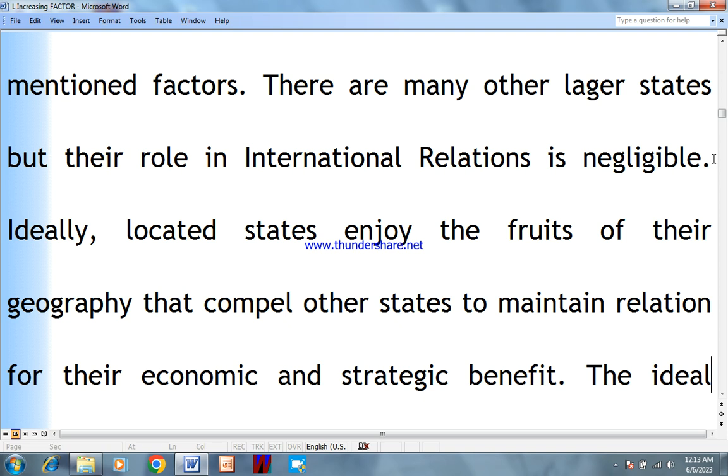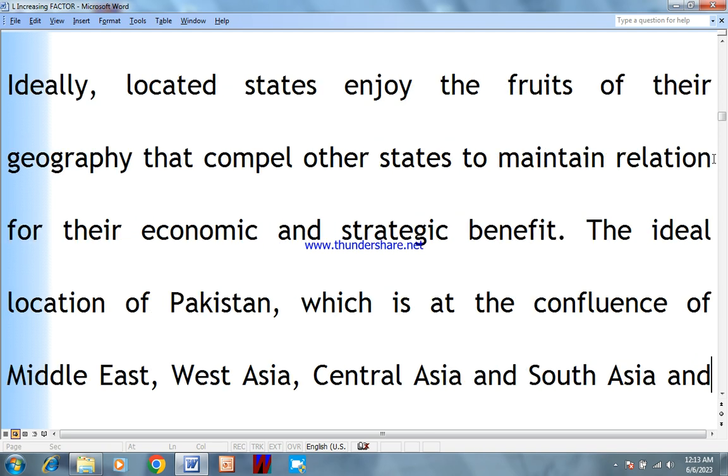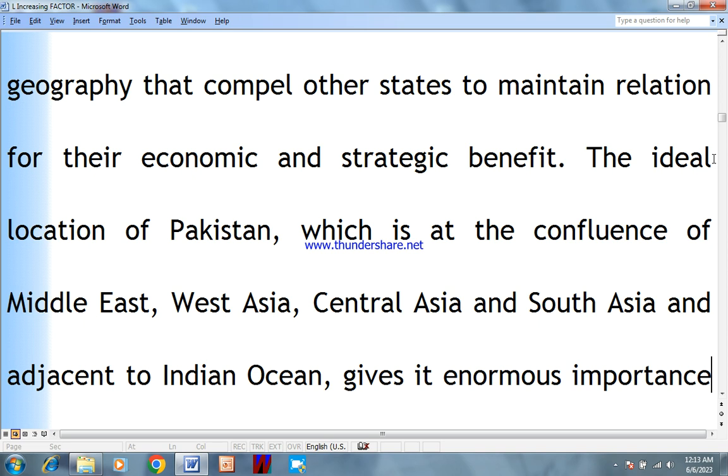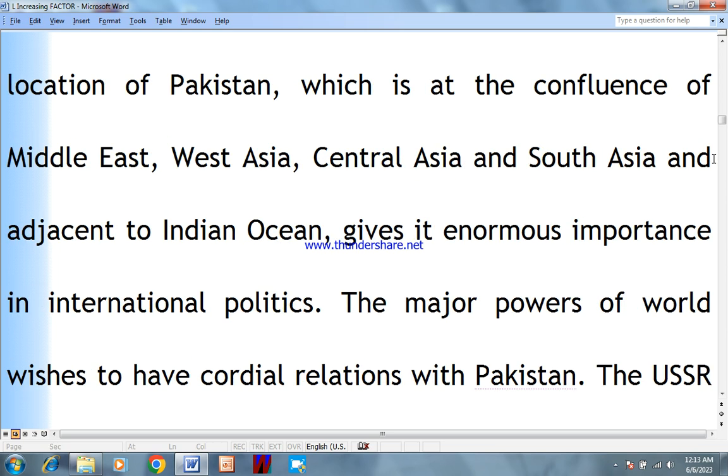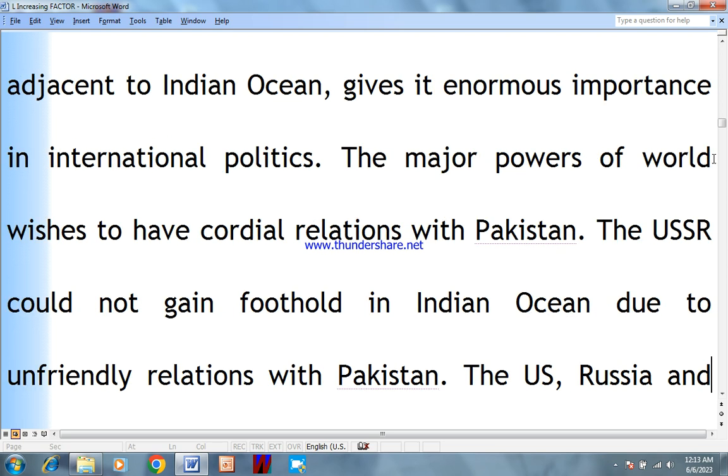Ideally located states enjoy the fruits of their geography that compels other states to maintain relations for their economic and strategic benefit. The ideal location of Pakistan, which is at the confluence of the Middle East, West Asia, Central Asia, and South Asia, and adjacent to the Indian Ocean, gives it enormous importance in international politics.